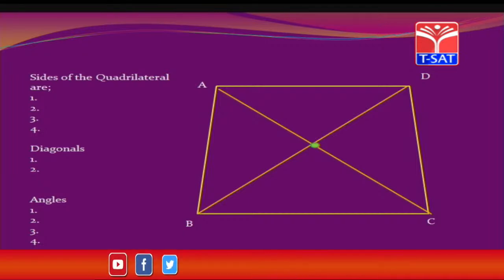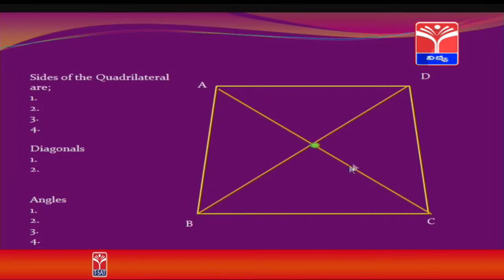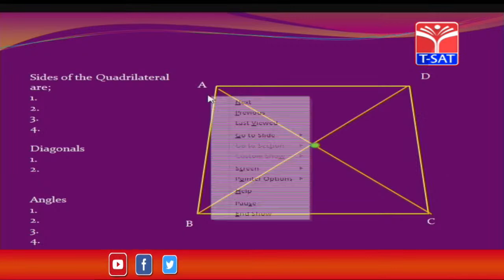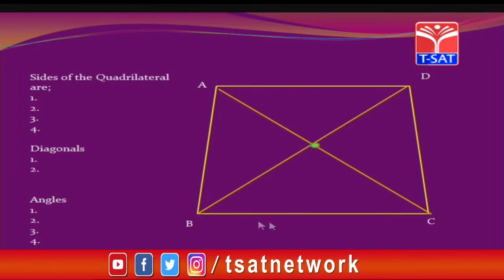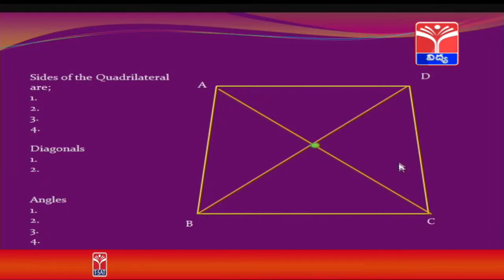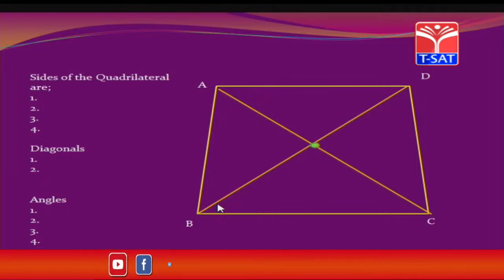A diagonal is a line joining the opposite vertices of a quadrilateral. BD is a diagonal and AC is a diagonal. Again, the angles: you can name angle A, angle B, angle C, angle D, or angle ABC, similarly angle BCD, angle CDA, angle DAB. These are the angles. Just recollect your previous knowledge and write.